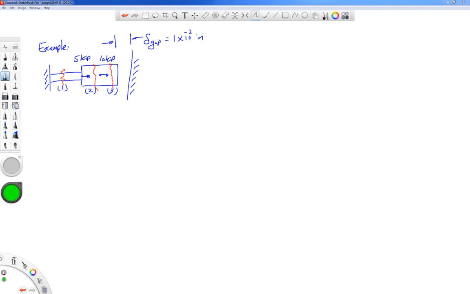So now that we know that this gap closes, the free body diagram for this structure is that we have an unknown force on the left and an unknown force on the right. Let's call this FA for point A, and over here point B, let's call this one FB.